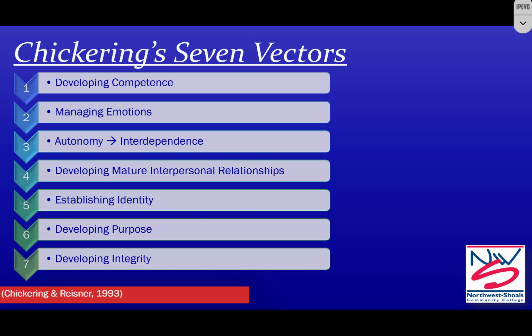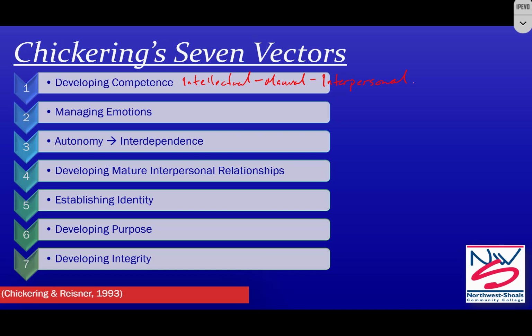So the first vector is developing competence, that is intellectual competence, manual competence, and interpersonal competence. Intellectual is the traditional: are we developing our students intellectually, cognitively?